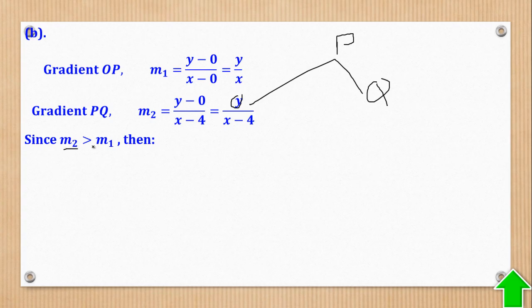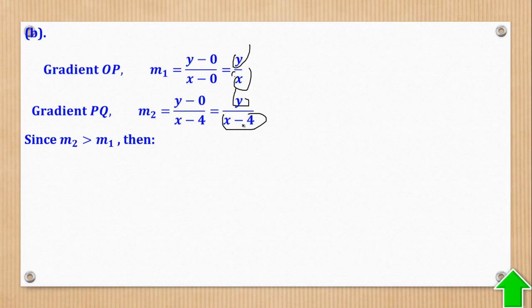Since gradient this is greater than gradient that, according to this, do you see something? This is just x, the numerators are the same. But denominators, this is x, and this is x minus 4. So the denominator here is smaller, meaning that the whole of this expression is big.